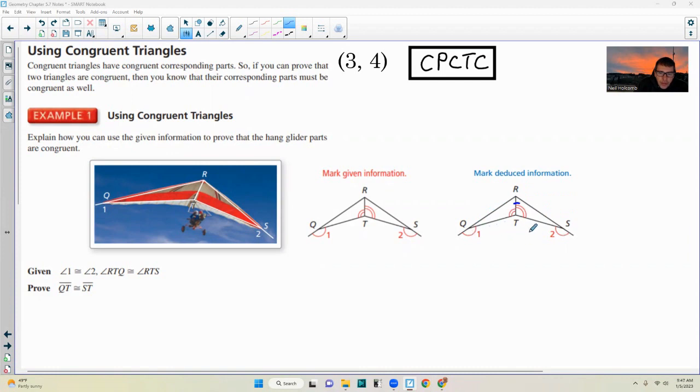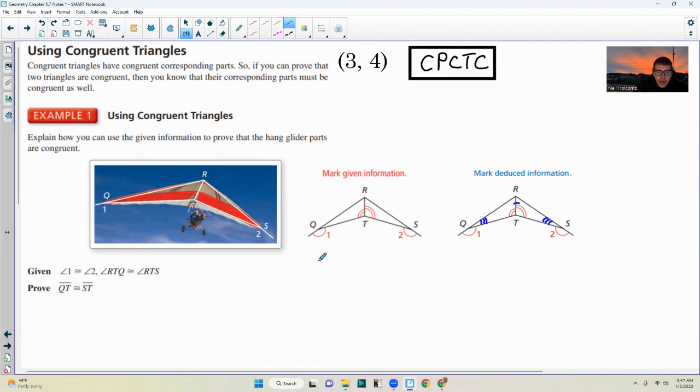So if angle 1 is congruent to angle 2, let's say it was 160 degrees, then this is 160 degrees. Since this is a straight line, that forms a 180-degree straight angle by the linear pair. So this would be 20 degrees and that would be 20 degrees. That's just an example. I don't know those measures, but I do know they're congruent. So I'm going to put 3 marks here because there's already 1 and 2, and 3 marks here.